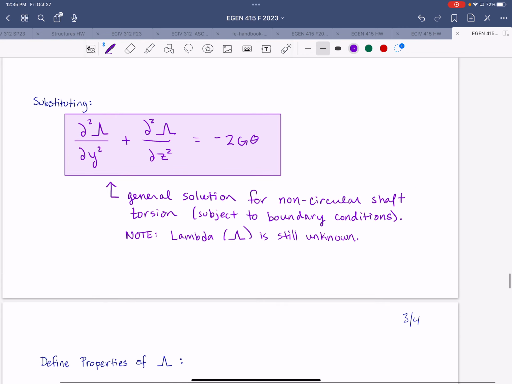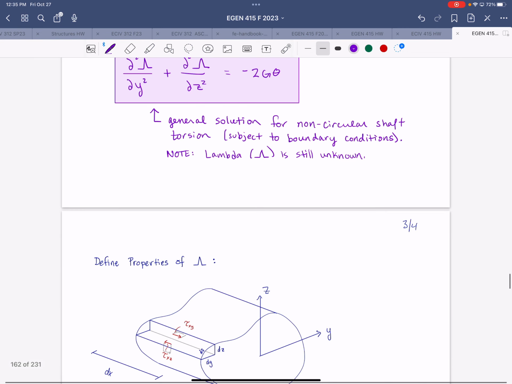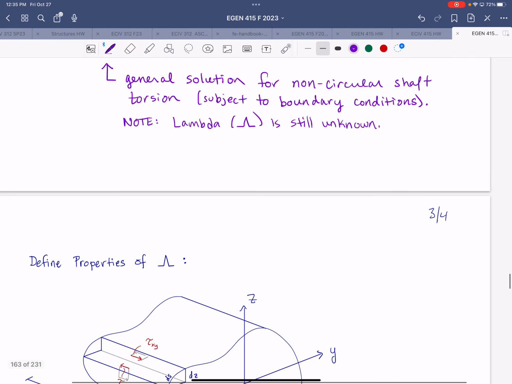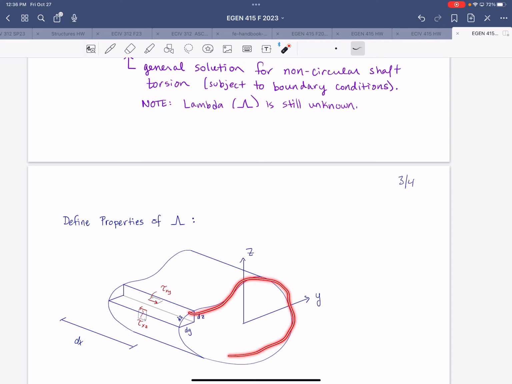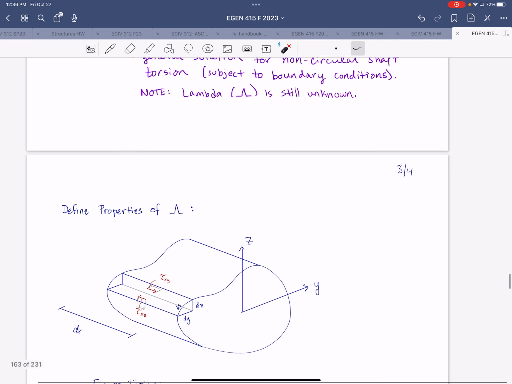All right, so on the next page, we will start to define properties of lambda, using the ubiquitous kidney bean shape for a cross section to represent a general non-circular shape.